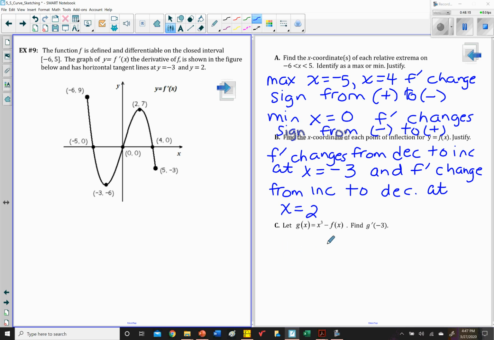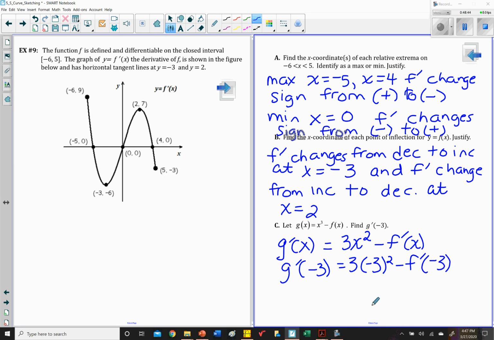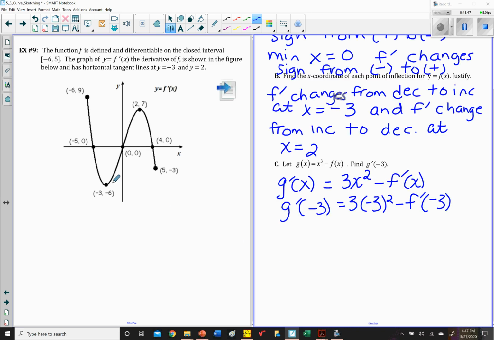So let g of x be this function, and we want to find g prime of 3. Well, if g prime of 3 is what we want, we take the derivative of g of x, that's 3x squared minus f prime of x, and then substitute -3 for each one of our x's, and the f prime of -3, we can get that right off of the graph.